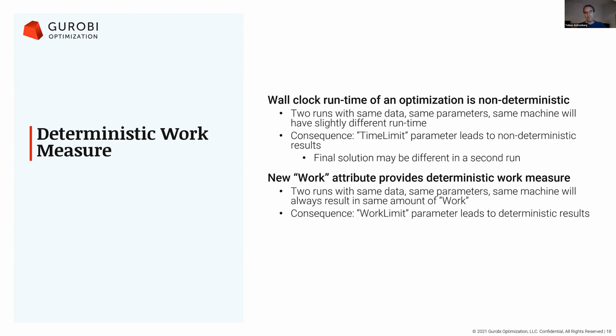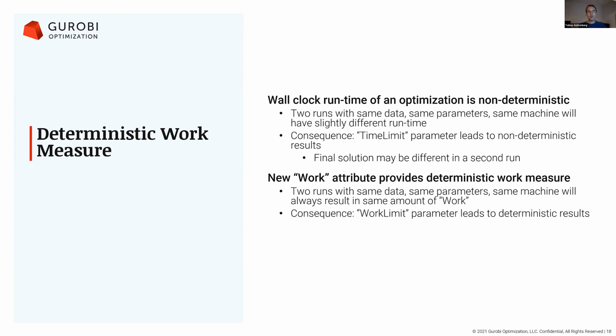That is maybe not so bad, but if you combine that with a time limit parameter, that has the consequence that if there is something significant happening right about the time limit, like finding a new solution, then the resulting output of Gurobi can be non-deterministic, right?